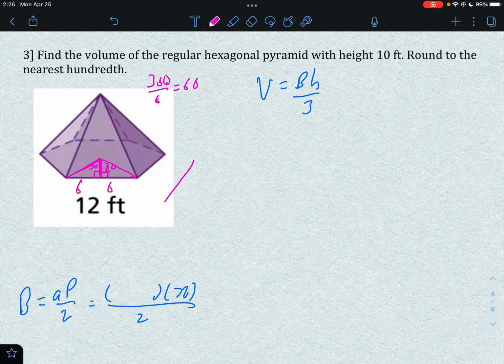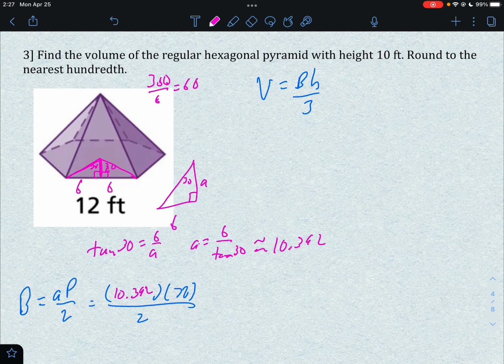So drawing our triangle separately, we get 6, 30, 90, and A. So if we do tangent of 30 equals 6 over A, A equals 6 over tangent 30, which is approximately 10.392. That number goes here for the apothem.